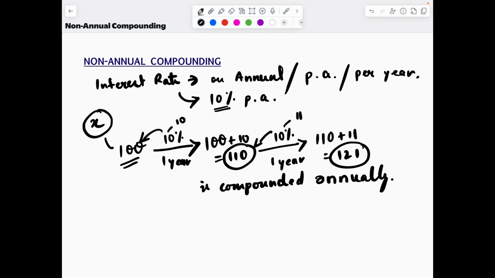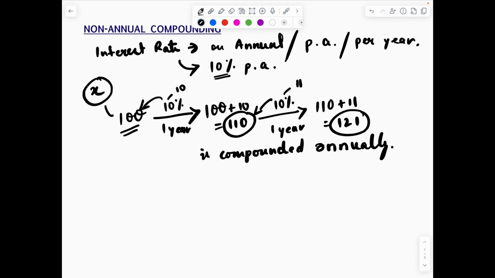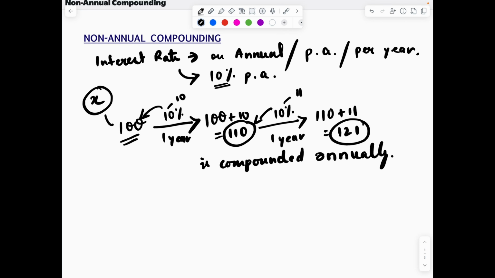So what do I mean by non-annual compounding? To explain it, in the second case, suppose you come to me for a loan, and say I'm a very nasty kind of person, very money-centric.